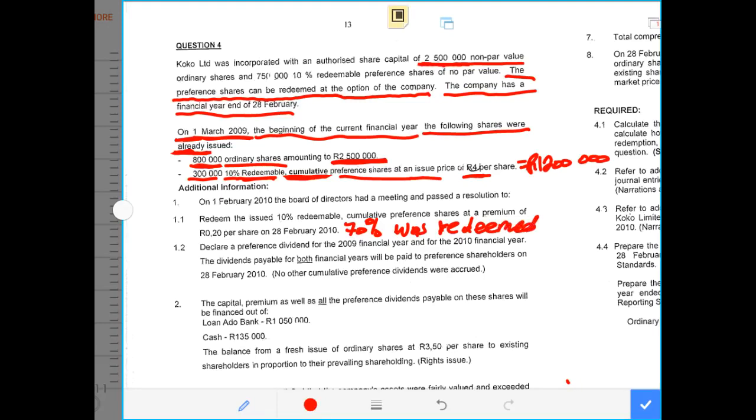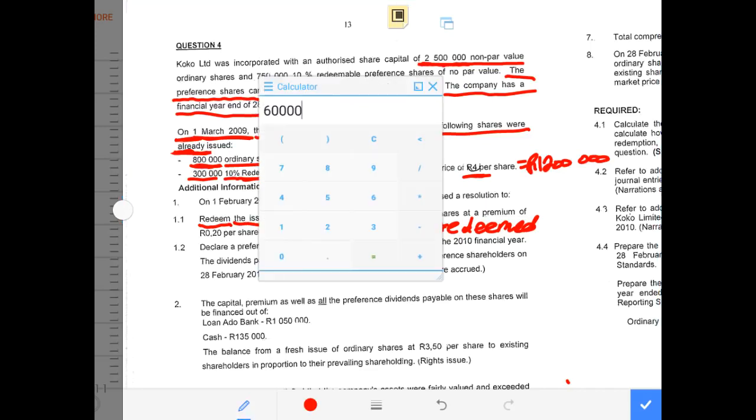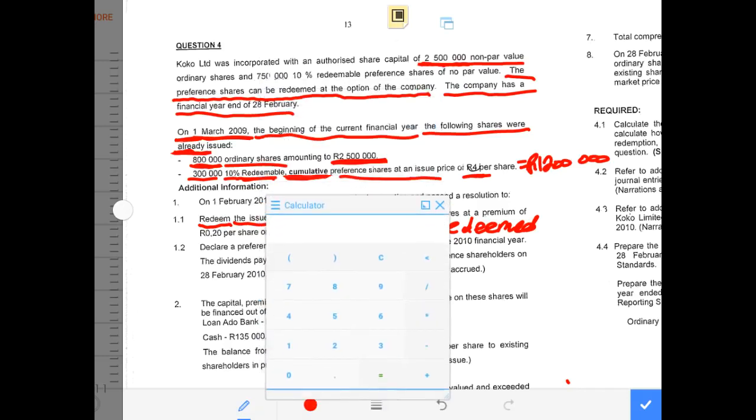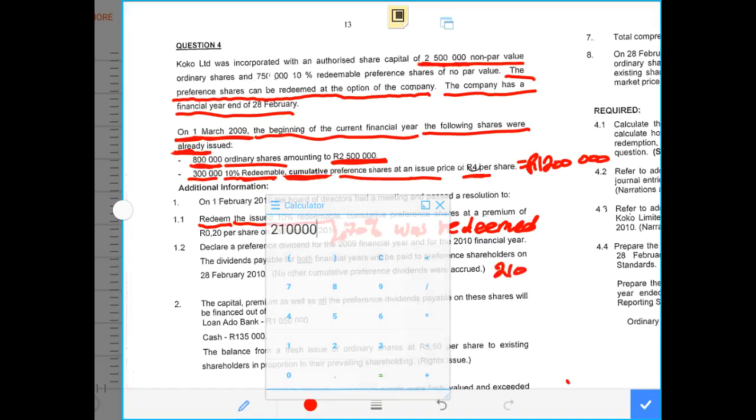If only 70% was redeemed, listen to this very carefully, we have to calculate 70% of the preference shares that were issued. We say 300,000 shares multiplied by 70%, which gives us 210,000. Therefore 210,000 will be the number of shares that will be redeemed.